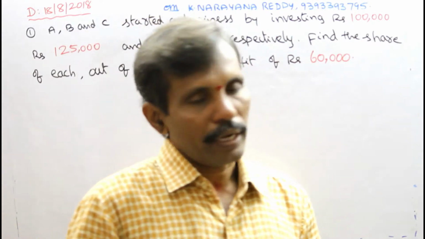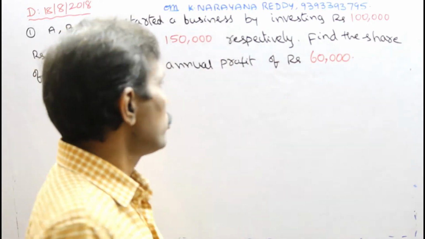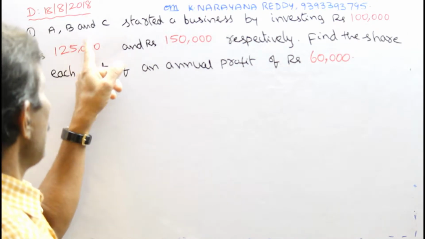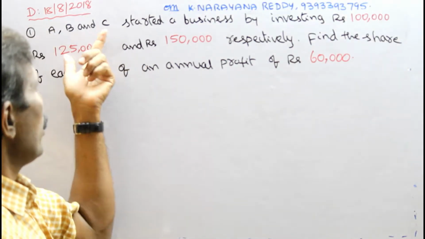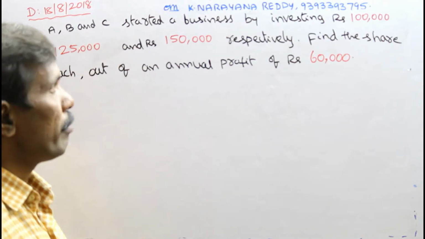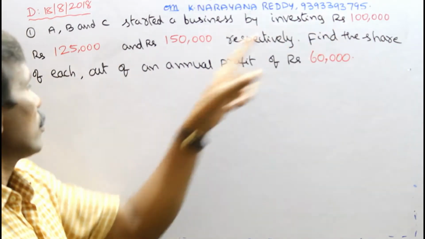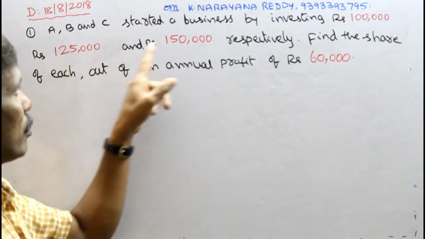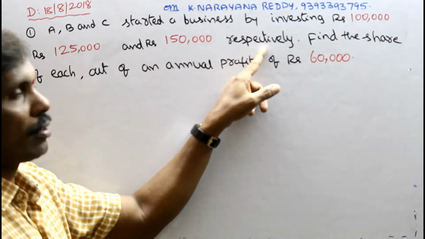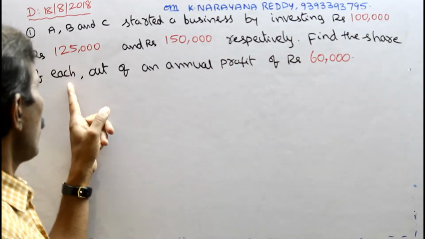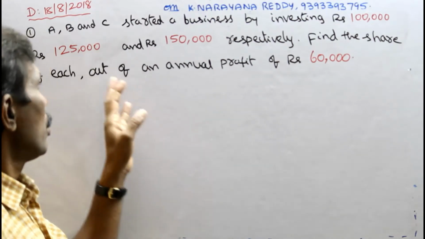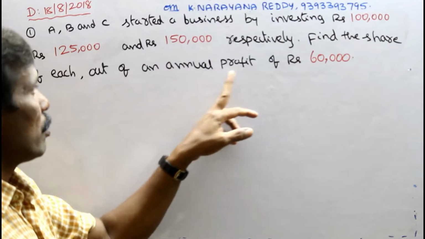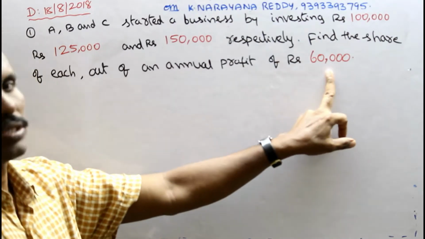Now see the problem. A, B and C started a business by investing 1 lakh, 1.25 lakh and 1.5 lakh respectively. Find the share of each out of a profit of Rs 60,000.